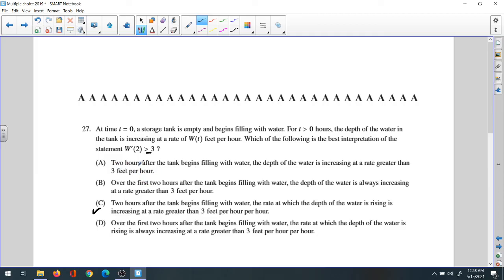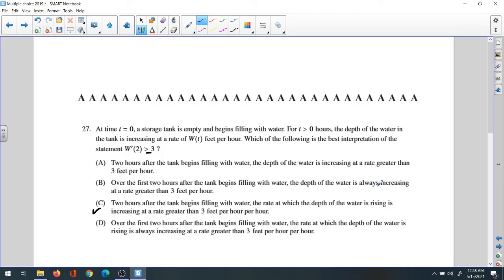That's for 2 hours after the tank begins filling with water. The depth of the water is increasing at a rate greater than 3. And here it is over the first 2 hours after the tank begins. That would be a different situation. The depth of water is always increasing?